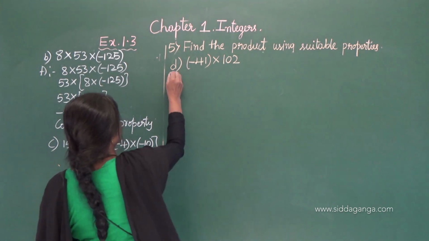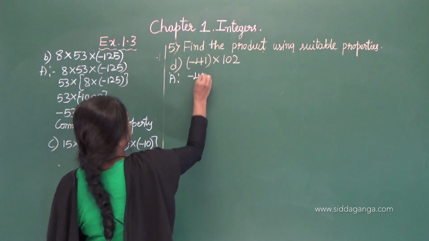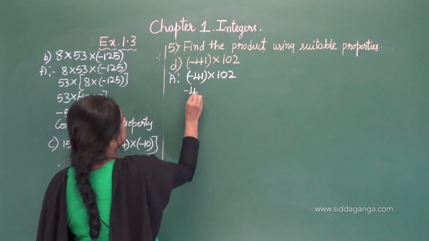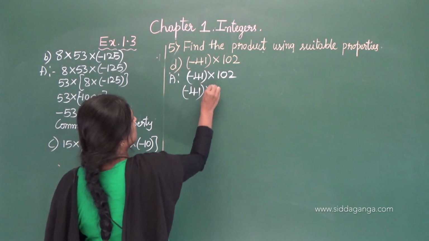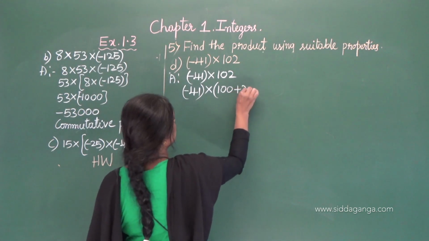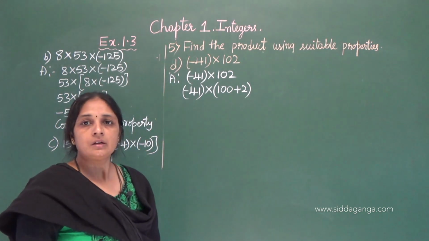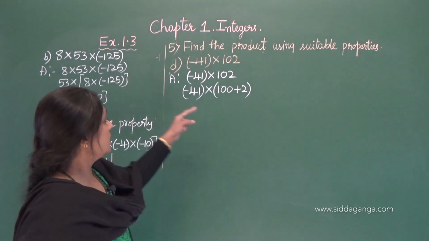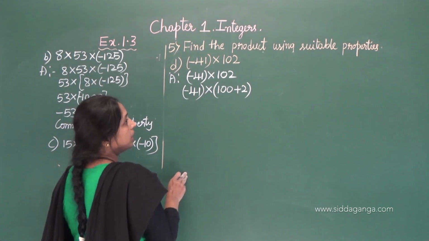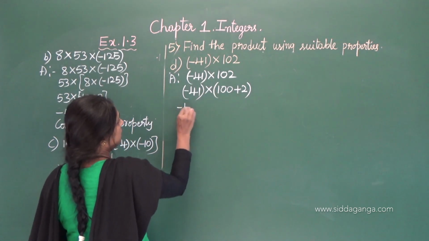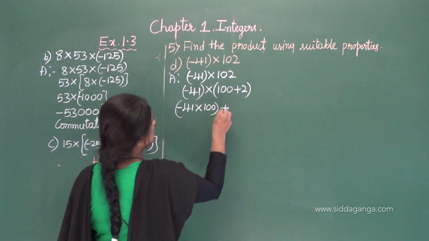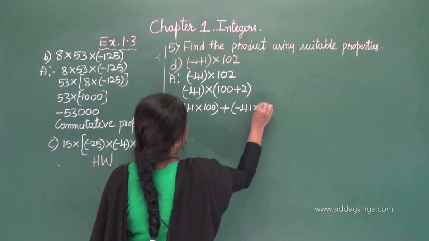So I keep minus 41 as it is, and express 102 as 100 plus 2. Then which property is this? That is distributive property. So minus 41 into 100 plus minus 41 into 2.